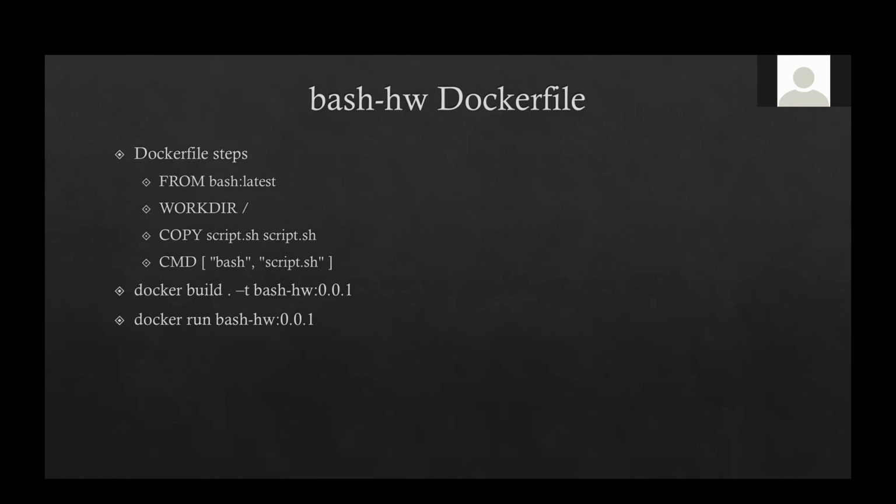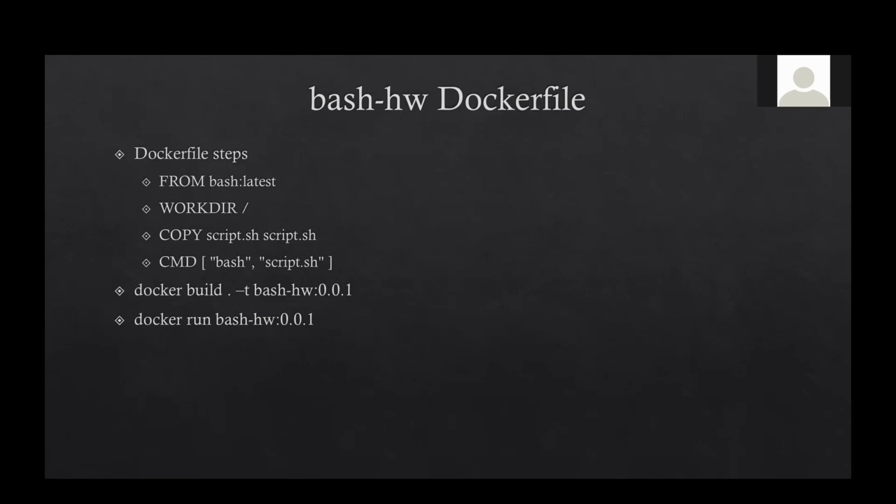It's going to tag this image called bash hello world with 0.0.1. That is the first tag that we will tag it with. The tag could be anything as long as it follows similar syntax. And then Docker run will actually run that container.